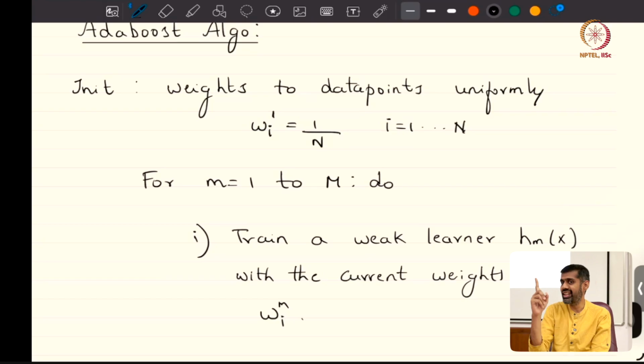Please note that these weights are not the parameter weights that we are talking about. These are the weights that we assign to data samples.